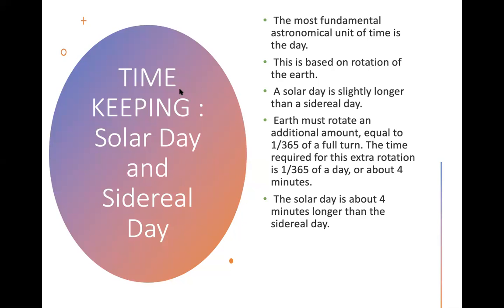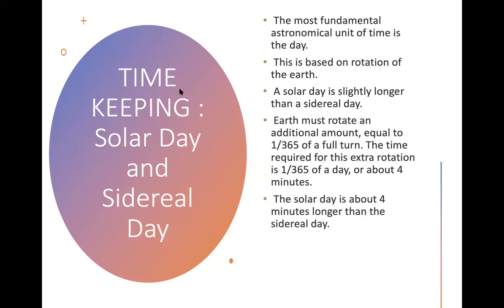This is based on the rotation of the Earth. Roughly one rotation will be equal to 24 hours, and this is what we call a day, right? So that is the normal definition. Now, if you look at the solar day, there is a slight difference between these two things, which we call the solar day and the sidereal day.